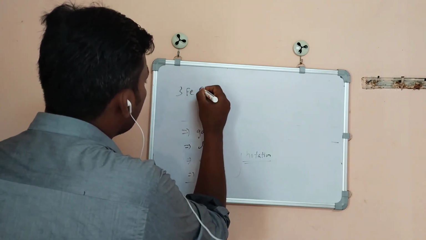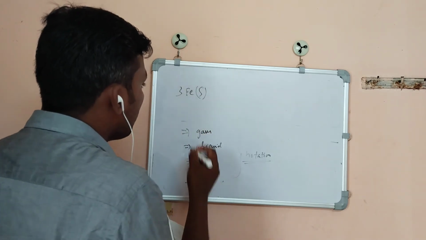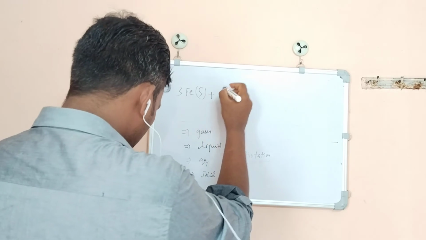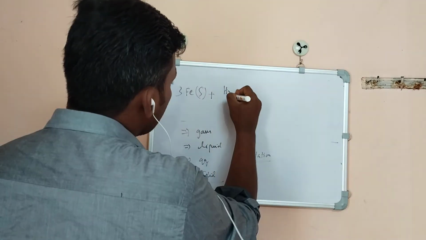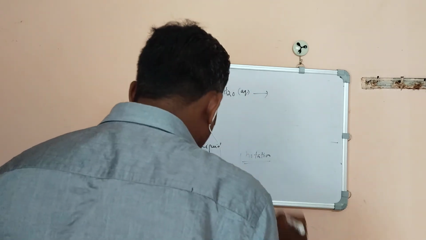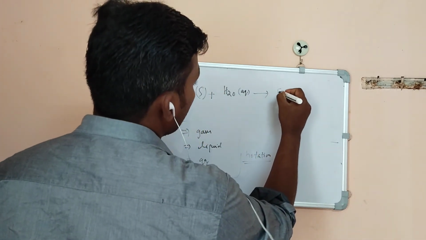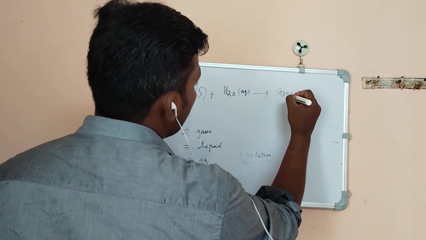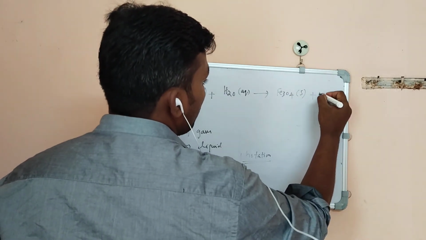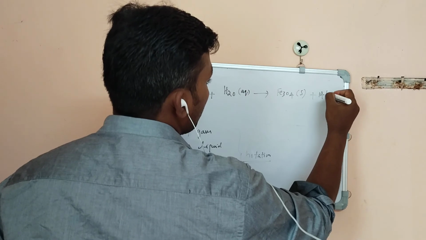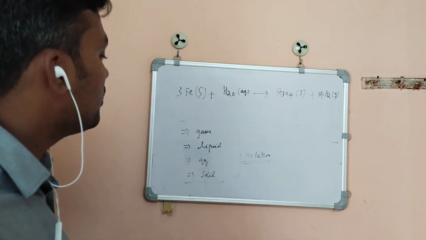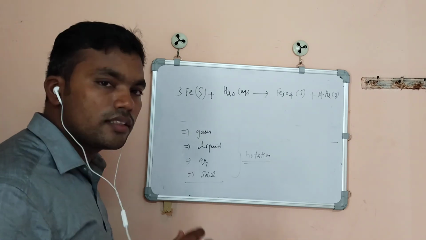Fe is solid. I'm going to write here only S, plus H2O is aqueous. What it gives here, Fe3O4, this is also solid. 4 hydrogen is gas, okay. These are the physical states.